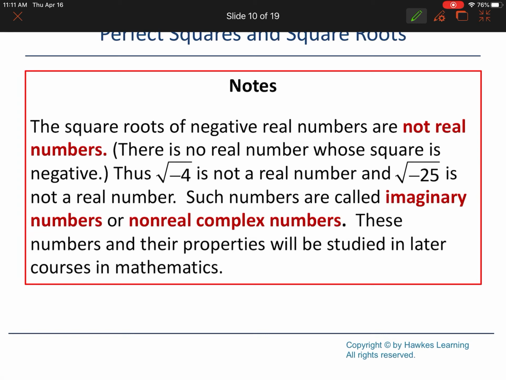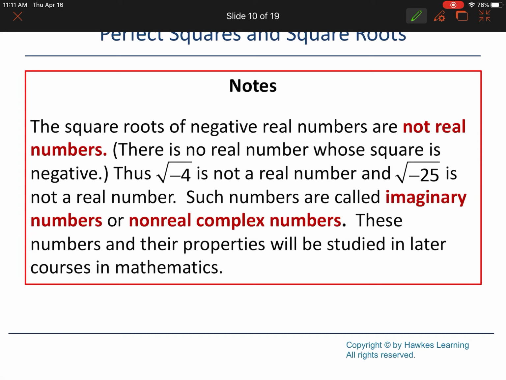Okay, so here's where we talk about the irrational numbers, and the imaginary numbers, the ones that aren't even real numbers. Going back to when we were looking before, we had all those rational numbers and irrational numbers, ones that can't be written as a fraction. They're still real numbers. They could still be found on a number line, right?